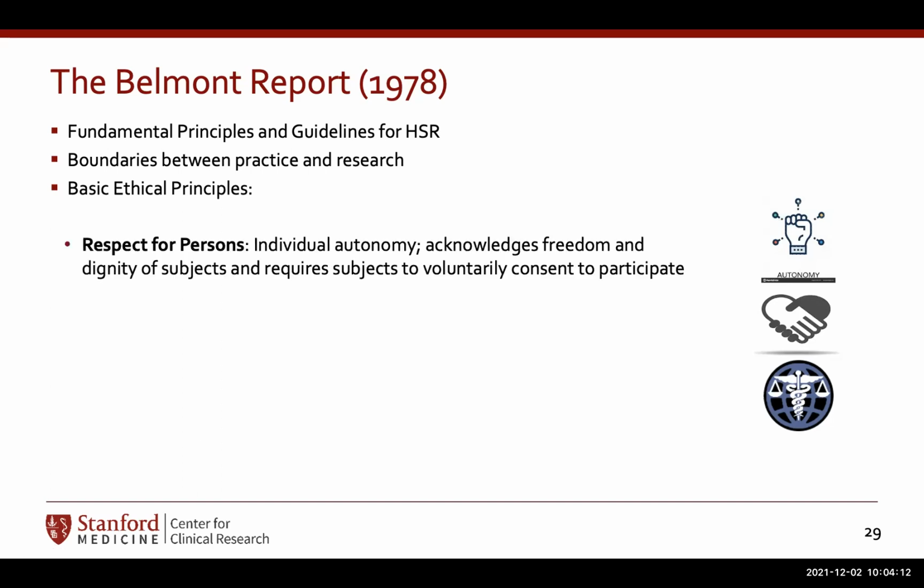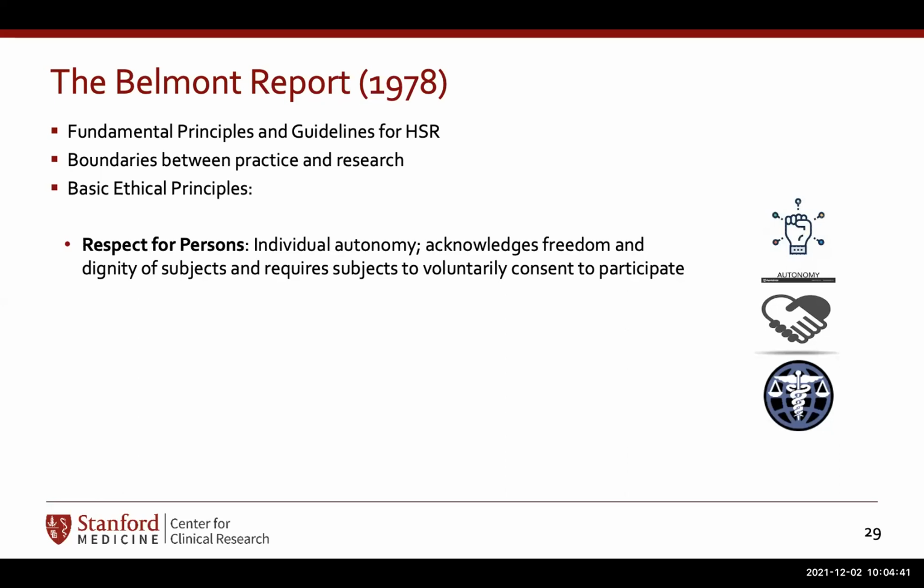So respect for persons obviously has to do with individual autonomy. One way of implementing respect for persons is with informed consent. Respect for persons acknowledges the freedom and dignity of subjects and requires subjects to voluntarily consent to participate. I talk about this a lot in the consent course. We have additional protections for vulnerable populations.